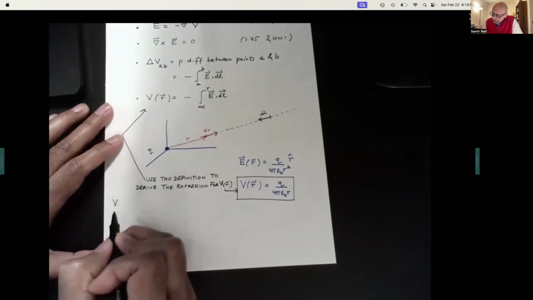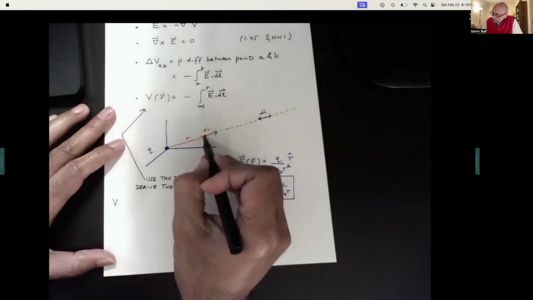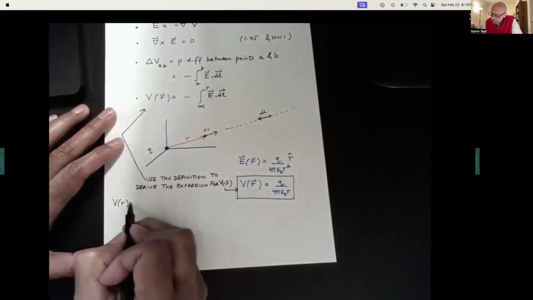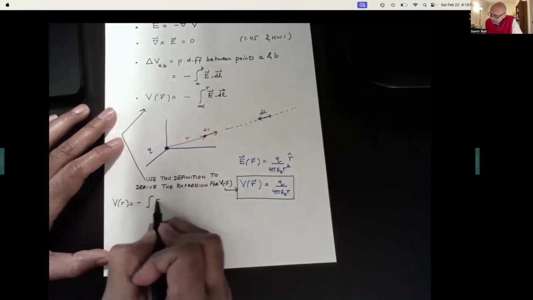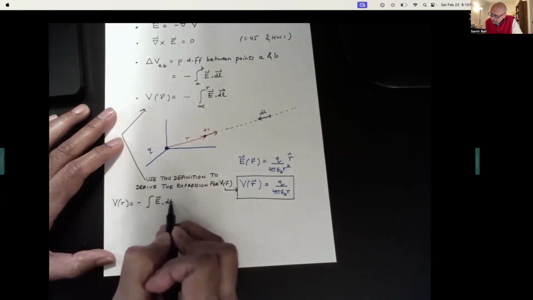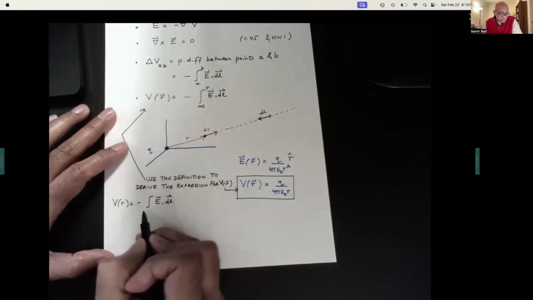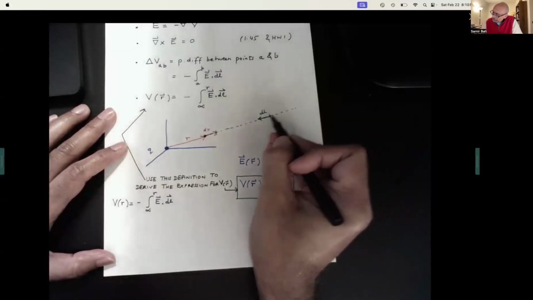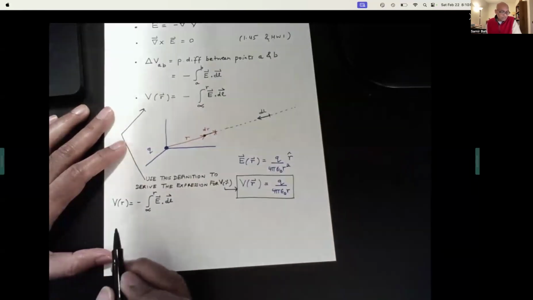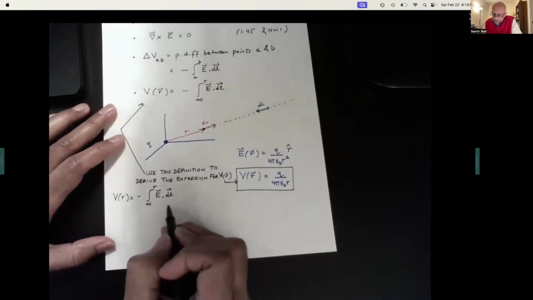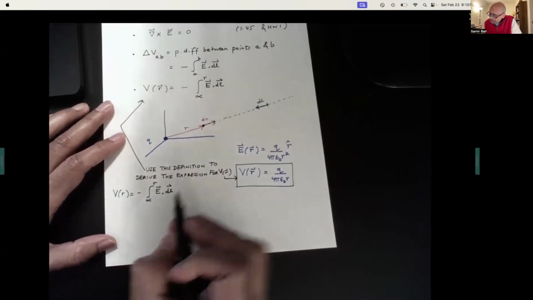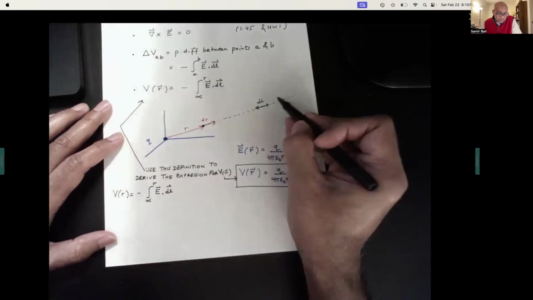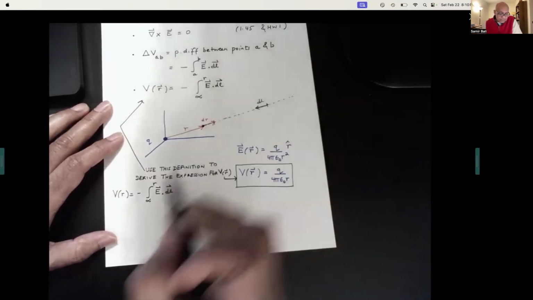I have that the potential at this point R is equal to negative the electric field dot dl as I come in from infinity to the point R. So I'm coming in from infinity to this point R, okay? Now, the first thing I notice is that the E, the electric field, is pointing out radially, and the dl is pointing in.